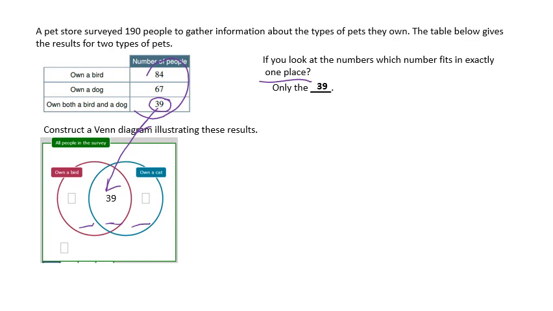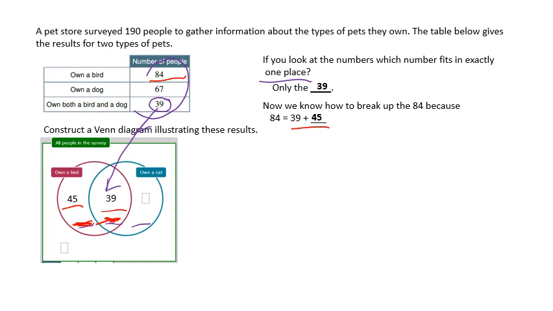Next, from that information, we start working with the other numbers. If you notice, we can break up the 84 now. Why? Because if you own a bird, you're either here or you're here. These two numbers have to add up to 89. A little mathematics will tell us that missing number has to be 45.